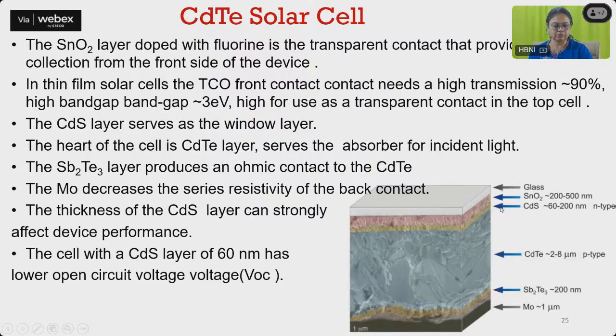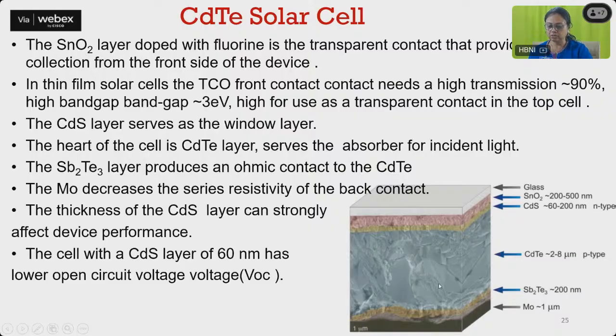We have a cadmium sulfide. The heart of the cell is the cadmium telluride layer, which serves as the absorber for the incident light. So cadmium telluride we have, which is around 2 to 8 micron. This is the actual layer where the solar photons will be falling and the electron hole pair will be formed here.